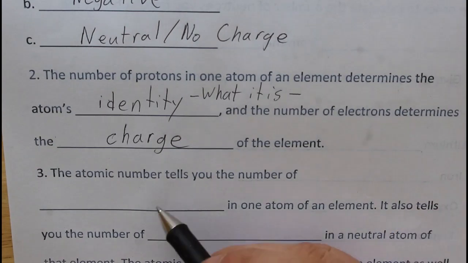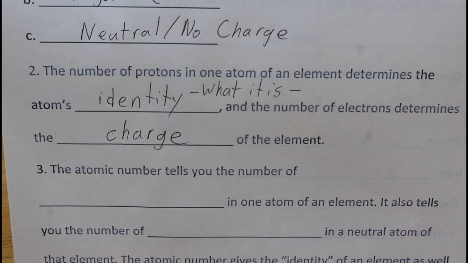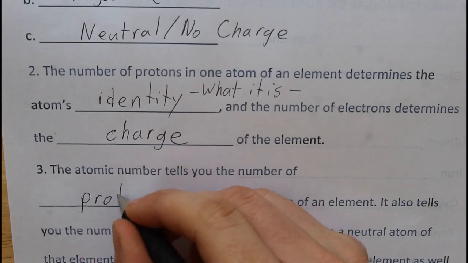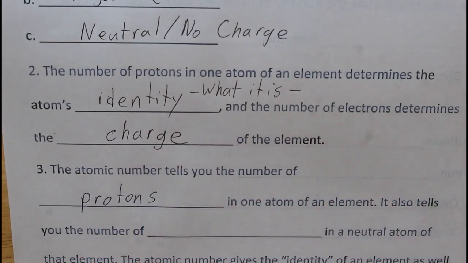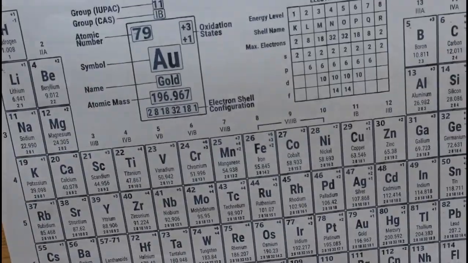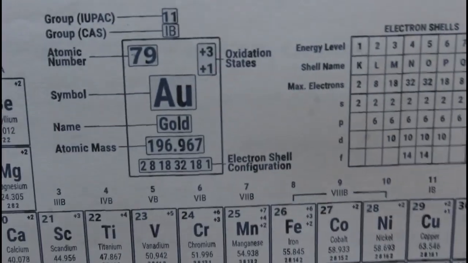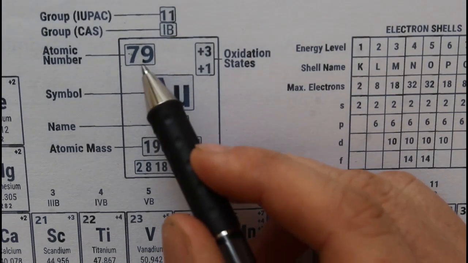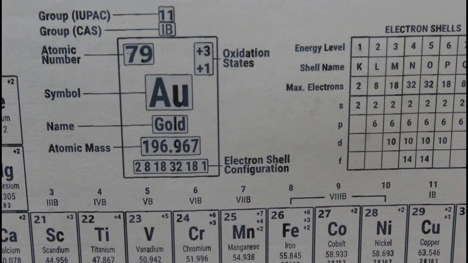The atomic number tells you the number of protons in one atom of an element. If you look at this, we've got gold right here as our standard. The atomic number right there is also how many protons there are.